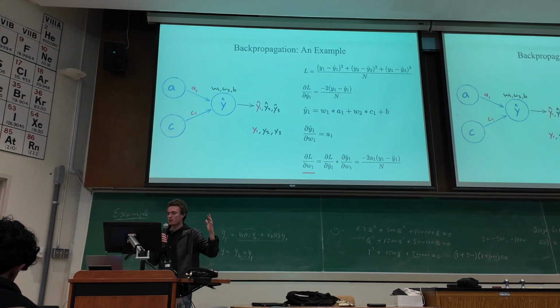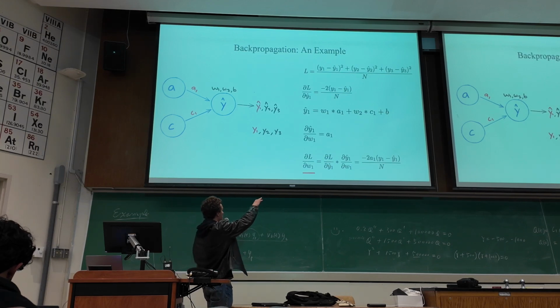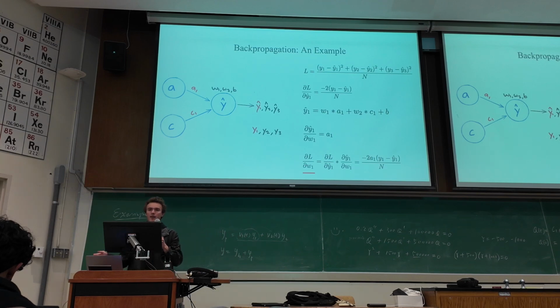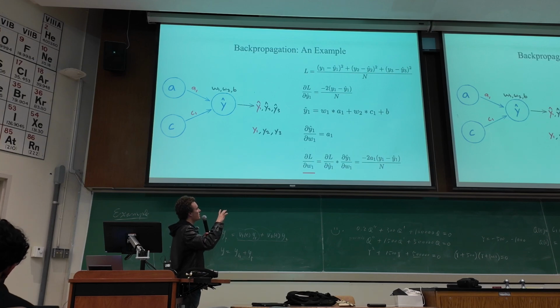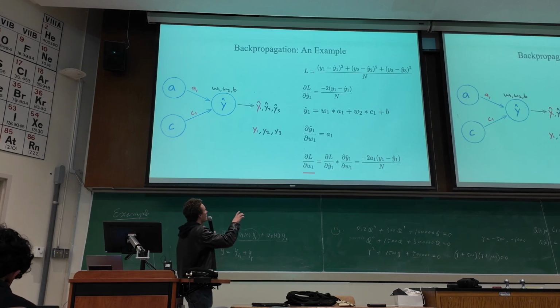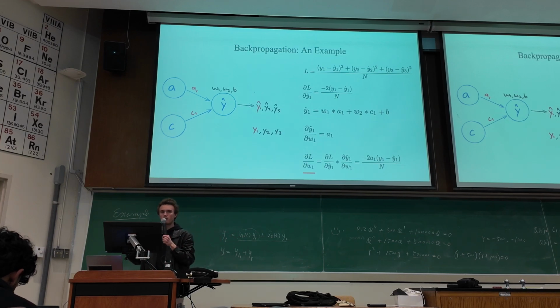So that's a number that we know. y1 is the actual correct value. We know what that is. y1 hat is our predicted value. We know what that is. So this is some number, and we're going to keep track of this number. If it's -5, it means that increasing the weight by 1 might decrease the loss by 5 in this specific example, but only in this example, right? We've only done it for one example.